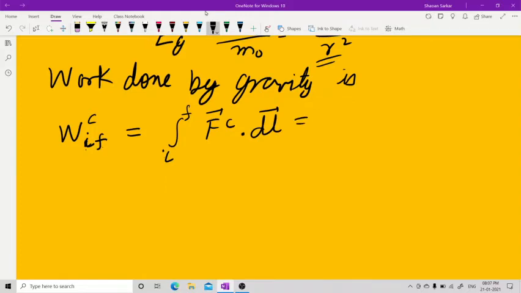Now this is m naught, integral from initial to final of EG vector dot dl vector. Now EG is directed inward, so this is minus EG vector.